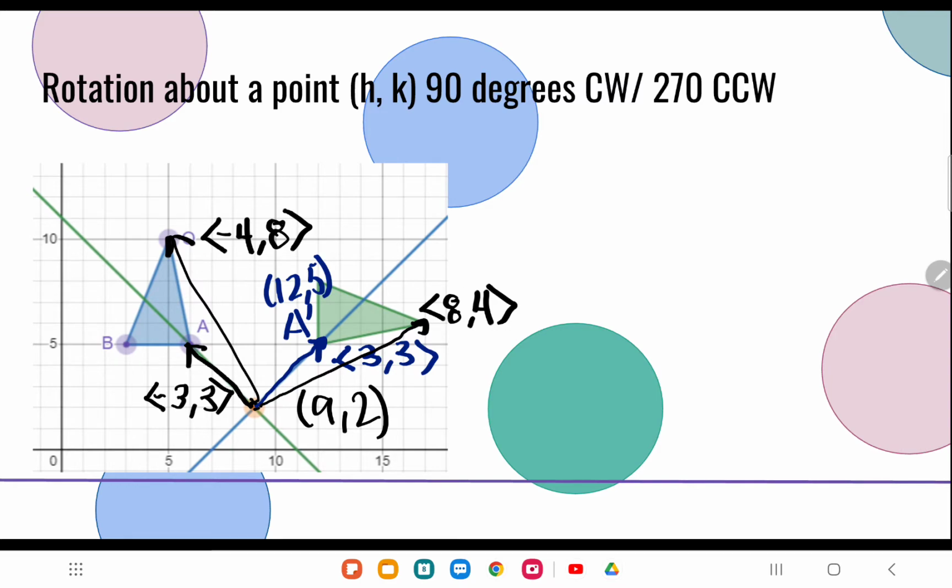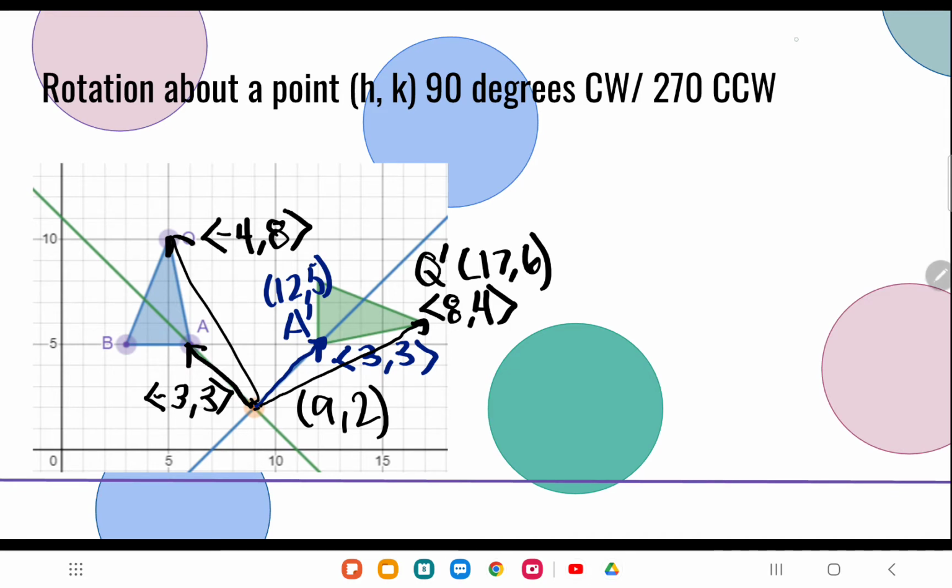Moving along the vector 8, 4 from the initial point of 9, 2 brings me to a new point, Q prime, which will be at 17, 6. So through this method, you can rotate about the point 9, 2, or about any point in the coordinate plane 90 degrees clockwise or 270 degrees counterclockwise.